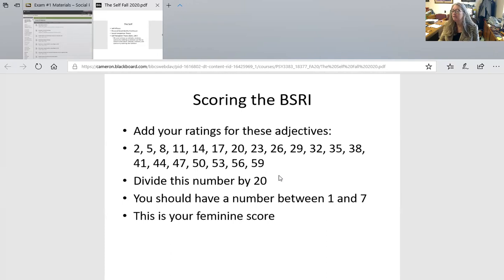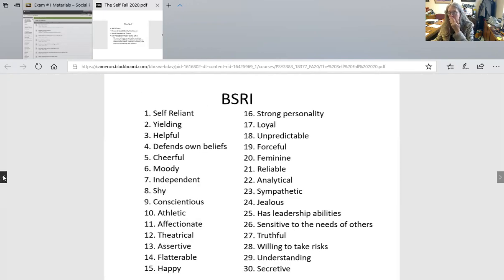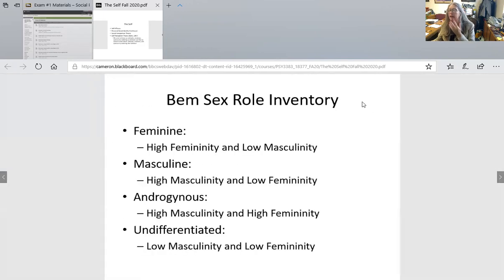Okay, so now, to find out what your BSRI score is, before we go through that, let me come back here. According to BEM, there's an extent to which we're feminine, and also an extent to which we're masculine. And people can be both high in femininity and high in masculinity.